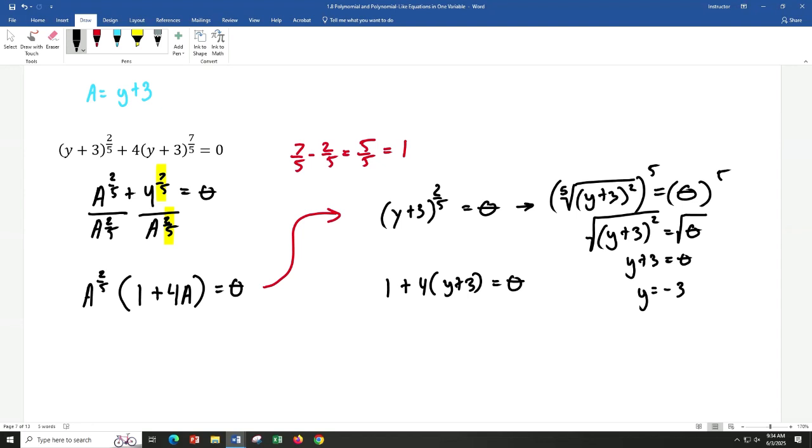And then we got to do it again, don't we? So let's come in here being very careful. Look at this next one. I can go ahead and distribute that 4. I get 1 plus 4y plus 12 is all equal to 0.